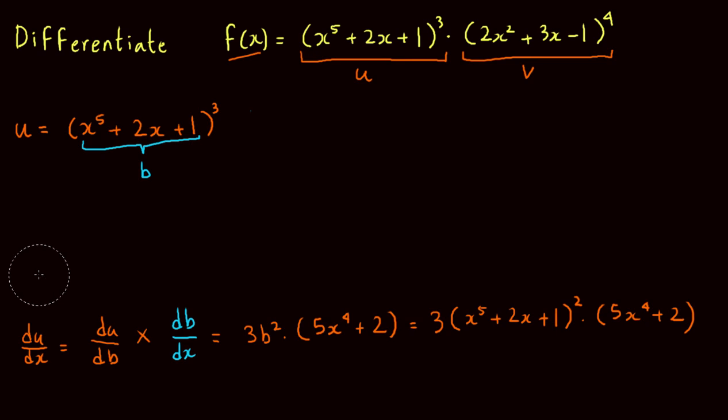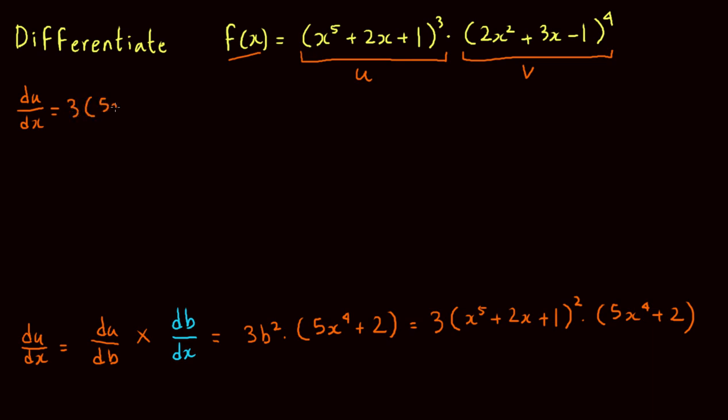I'm going to have to erase this, by the way. I need some space, so let's write it: du/dx is equal to 3 times (5x^4 + 2) multiplied with (x^5 + 2x + 1)^2.